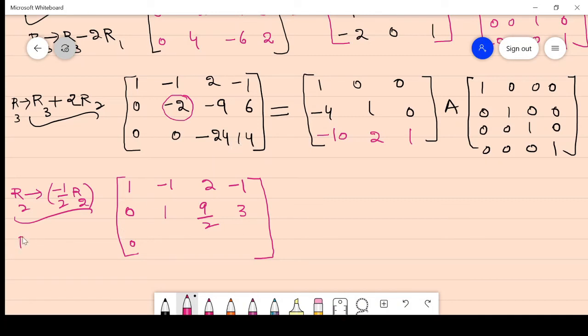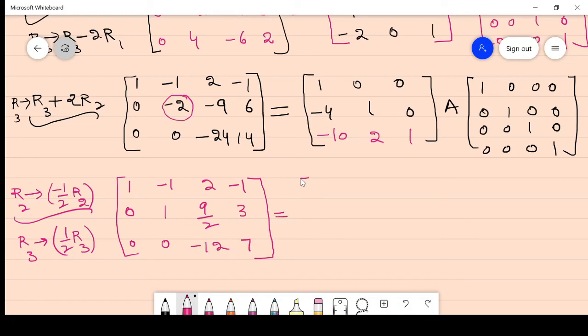So R3 is again divided, 1 by 2 R3. So this will become 0, then it will be minus 12 and 7.